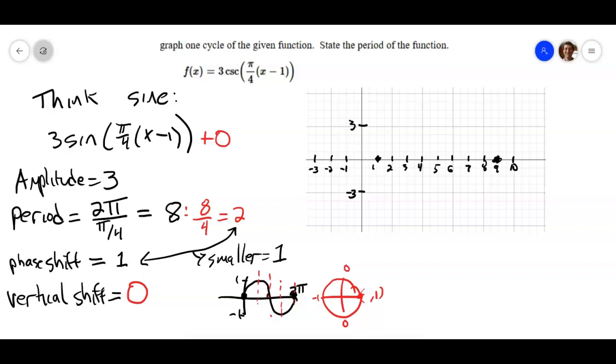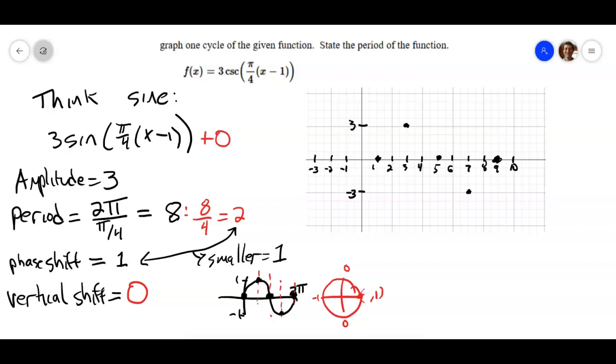Halfway between the period, it's also at the baseline, so that would be at 5. Then halfway between those points, it's at amplitude or negative amplitude. This depends on the coefficient of the sine wave. This one's positive 3, so this does the normal sine of going up first. So from here, up, and then through that point, and then down and through that point.